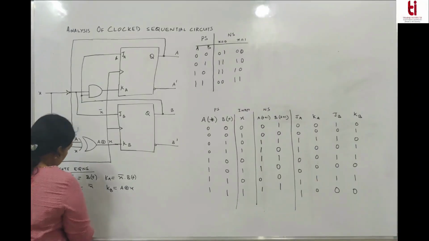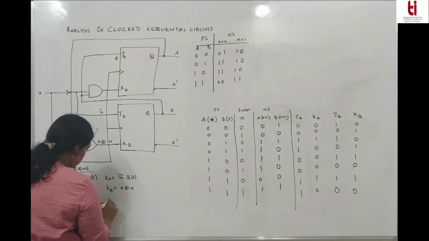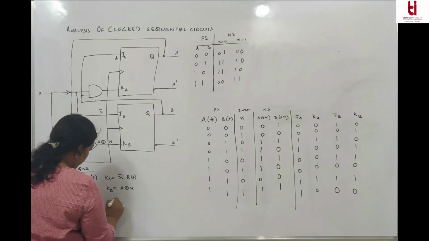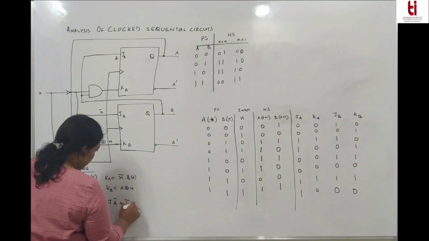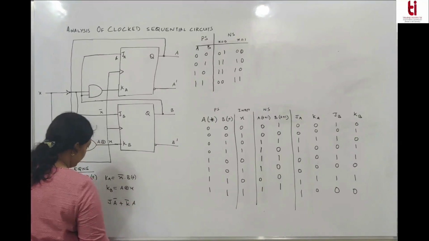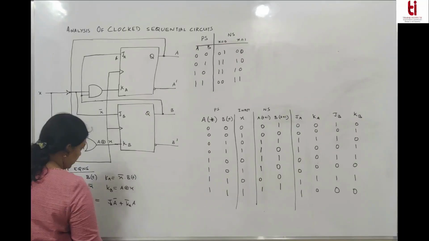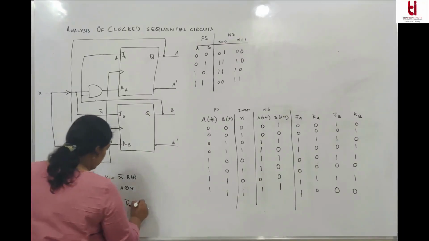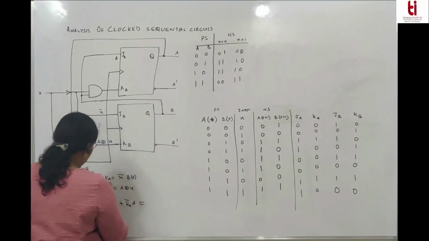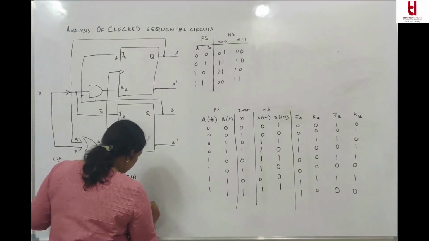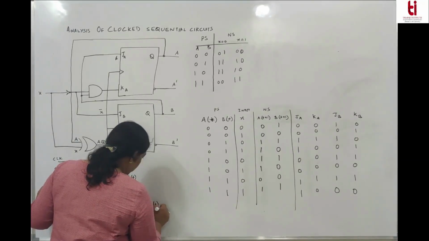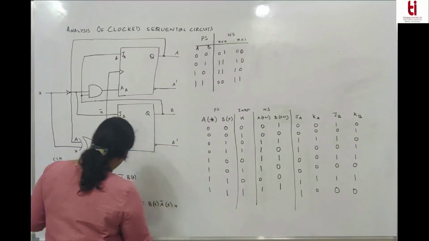So the next state equations for A and B will be, it is JA bar plus K bar A. So it will be B into T plus what is KA?